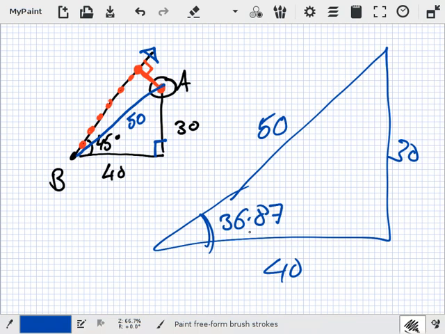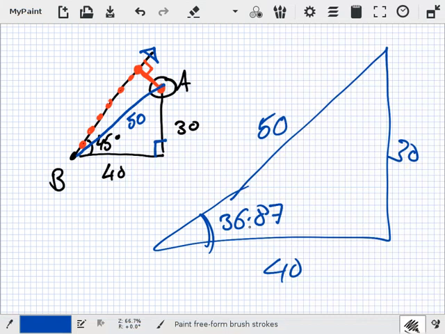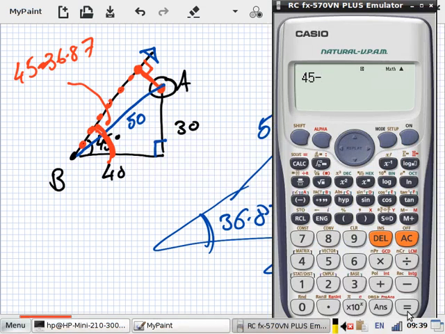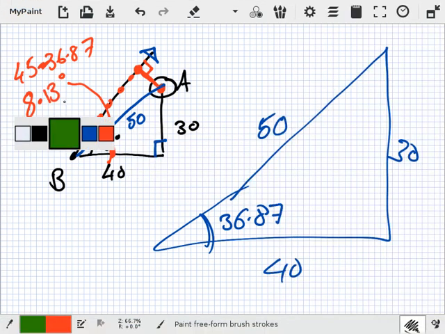Now, that's useful because if I know this angle, 36.87, and I know the whole thing is 45, then can I know the smaller angle? It's just going to be 45 minus 36.87. And that's 8.13 degrees.